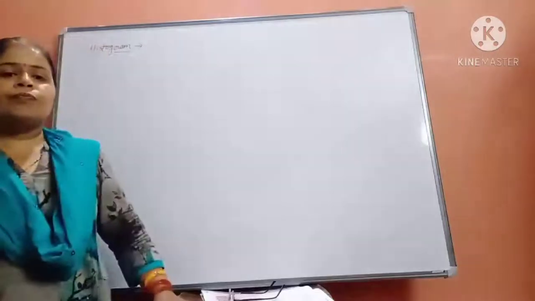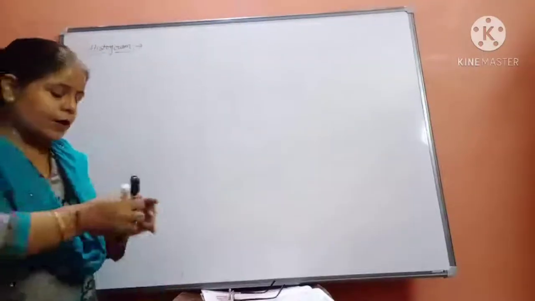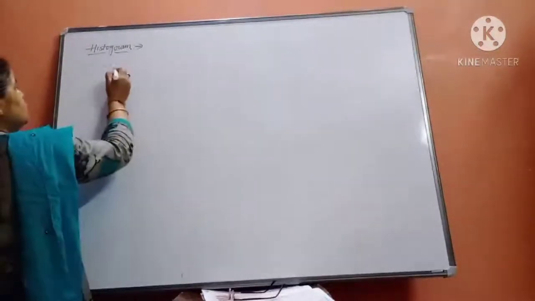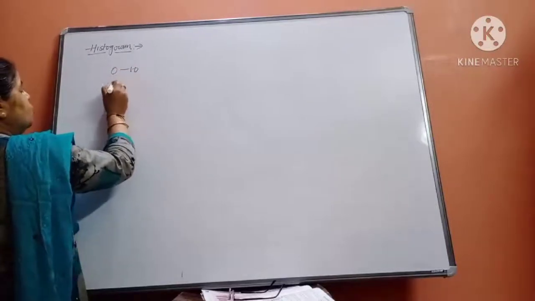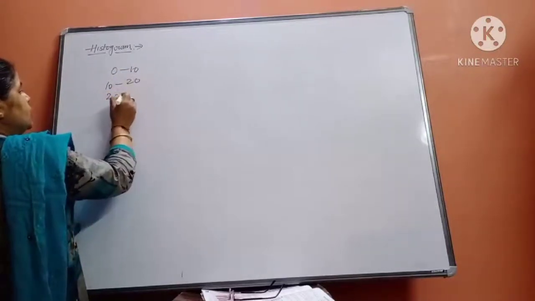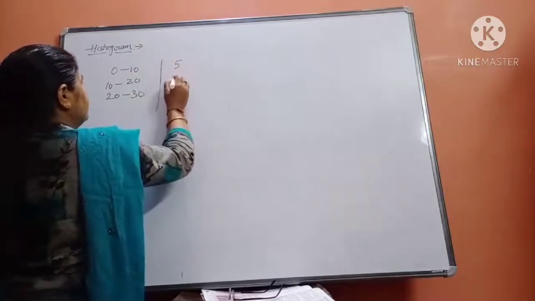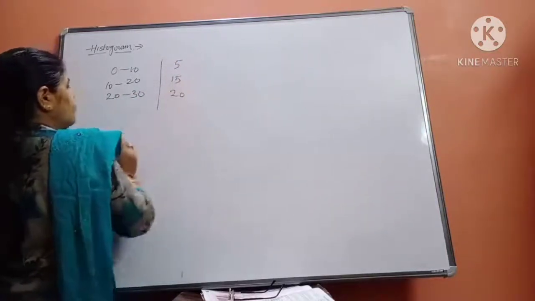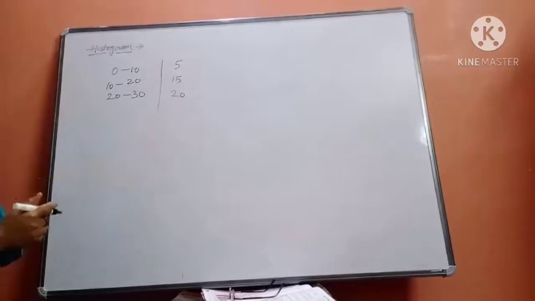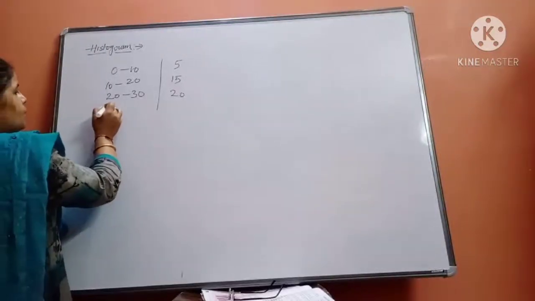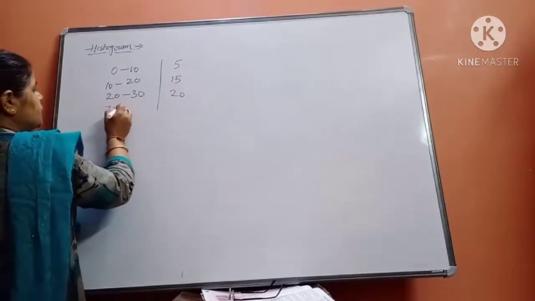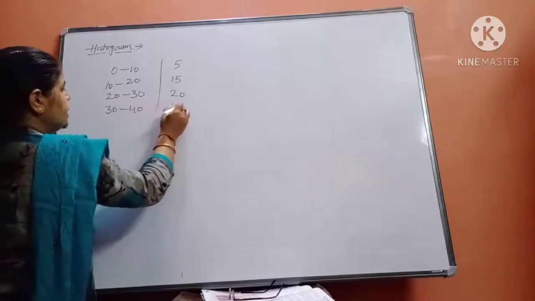Suppose we have 0 to 10, 10 to 20, 20 to 30, with frequencies like 5, 15 and 20. Now he is saying to prepare a graph for the given information. Then 30 to 40, suppose 18 are there.